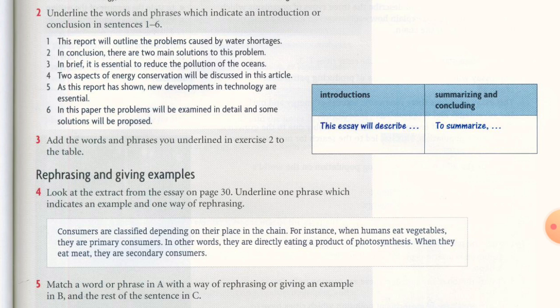Will be discussed, also introduction. In this paper will be examined, also introduction. And to summarize, in conclusion, in brief, and as this report has shown relate to summarizing and concluding.